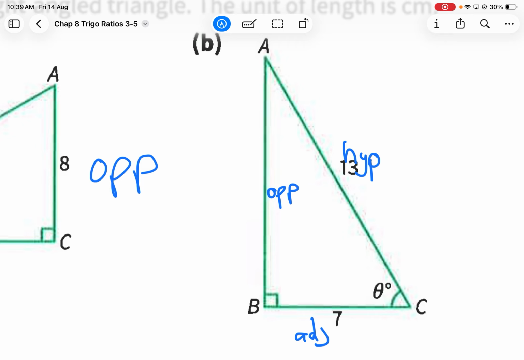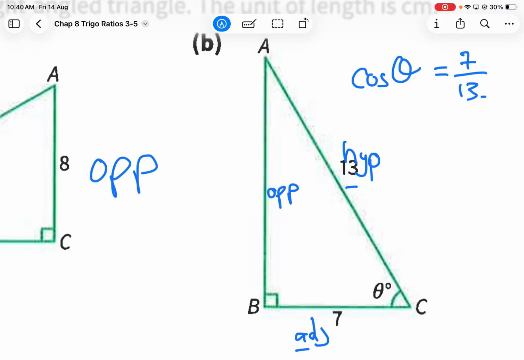But in this case, I don't need to use the opposite. I know the adjacent, I know the hypotenuse. So I want to use adjacent and hypotenuse. So I must write down cosine of this angle. I must form this equation. Cosine of this angle is equal to adjacent over hypotenuse, 7 over 13. Once you are able to form this equation, next step, just cosine inverse.